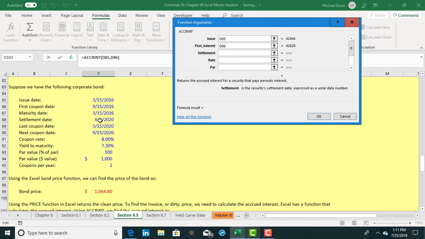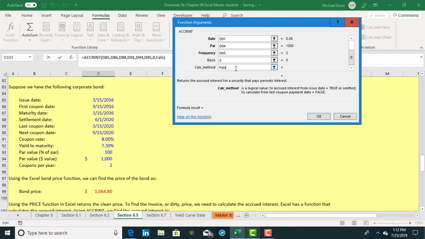Well, that is incorrect. So what we want to do to get the correct interest, we'll go back to our data points, the issue date, the first interest, settlement, par value, our frequency, and the basis.